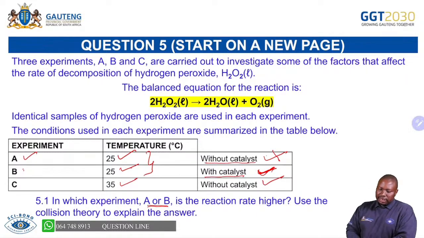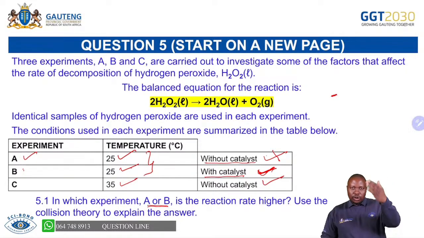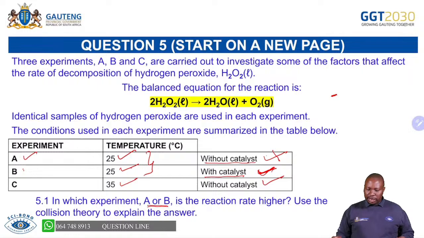B, with a catalyst. So you are able to see that the factor is a catalyst. What did we say about a catalyst? Bullet number 1, we said it provides an alternate pathway of lower activation energy. We said more effective collisions per unit time, increasing the rate of reaction, more particles with energy greater or equal to activation energy. So you're able to write those bullets and you are able to get your marks there.